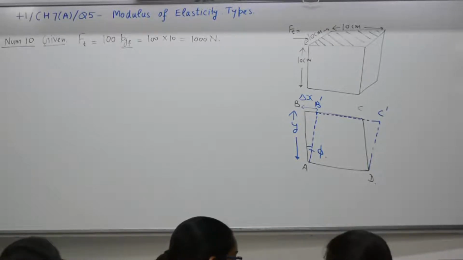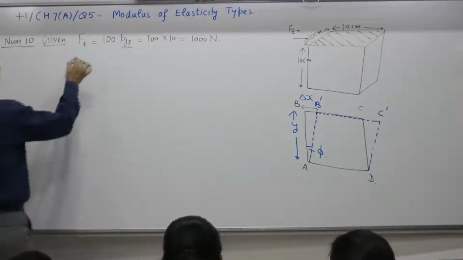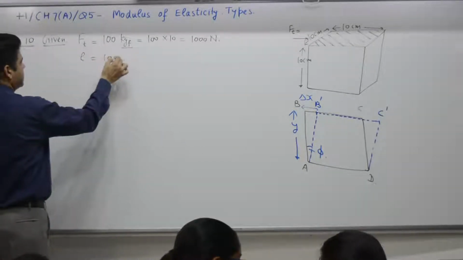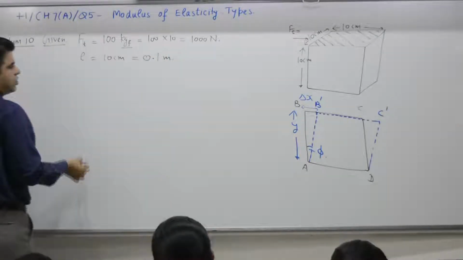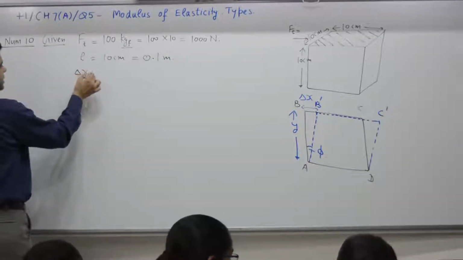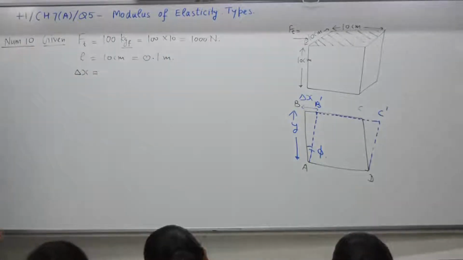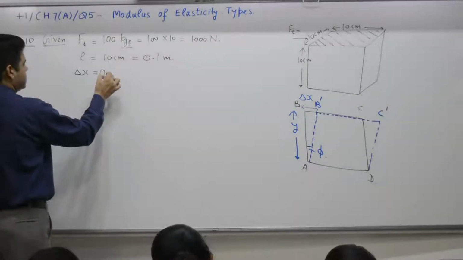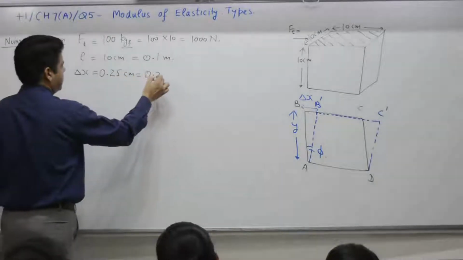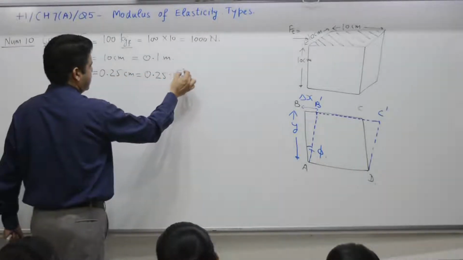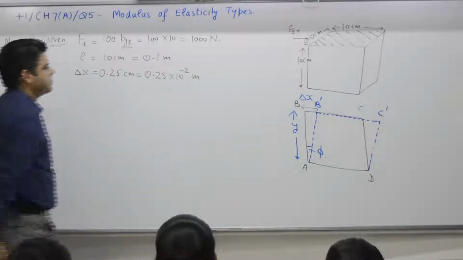Each side is 10 centimeter, L is 10 centimeter, 0.1 meter. The top layer shifts delta x through 0.25 centimeter, which is 0.25 into 10 raised to the power minus 2 meters.